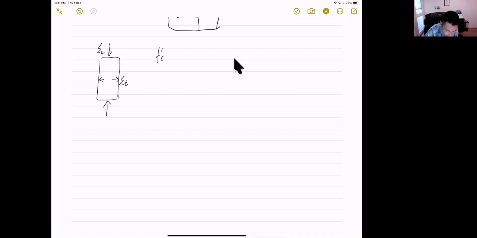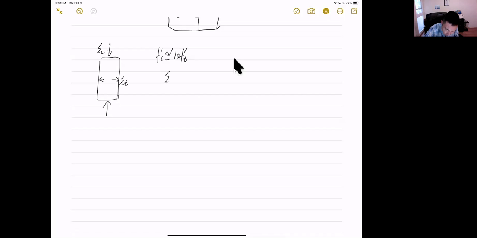This is f'c, the strength of concrete, which is much larger than the strength of concrete under tension, which we call f'T, around 10 times.